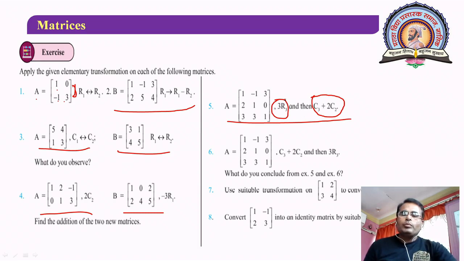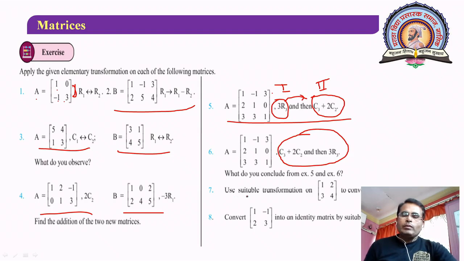This means you perform the operation 3R3 first on A, and then on the resultant matrix you apply the second transformation. The same thing is here also: C3 plus 2C2 is followed by 3R3.